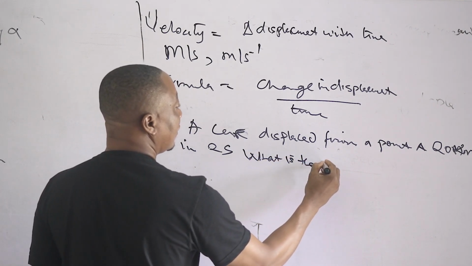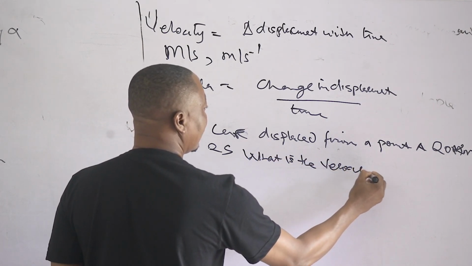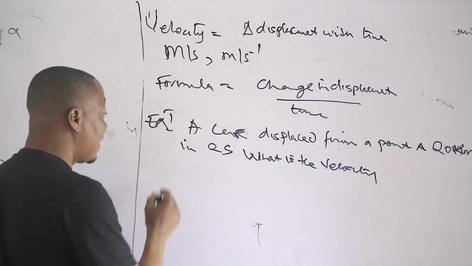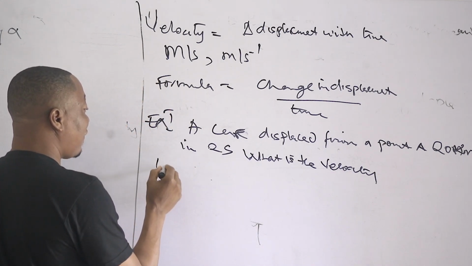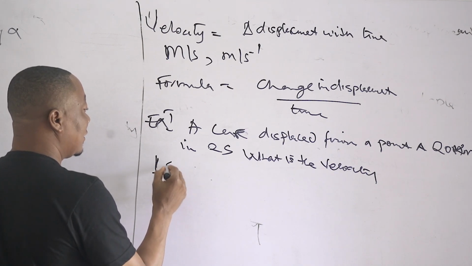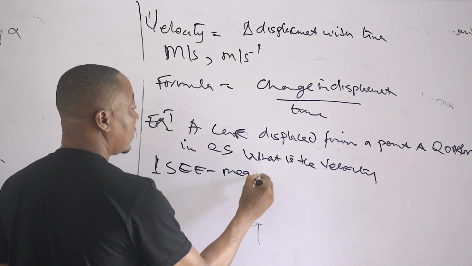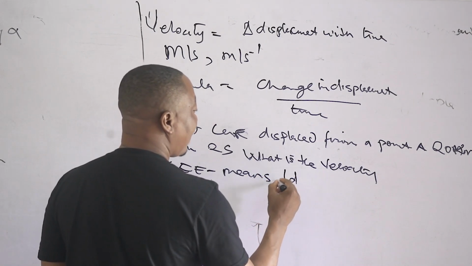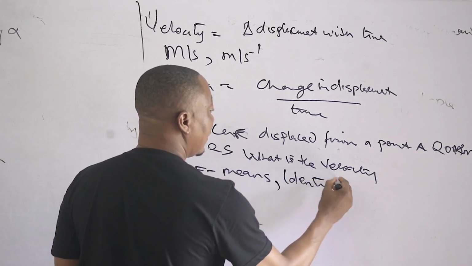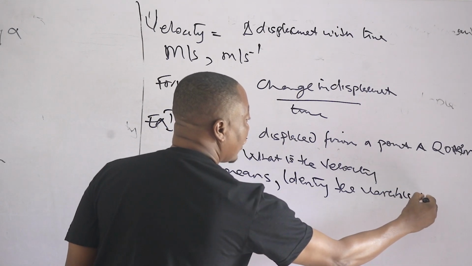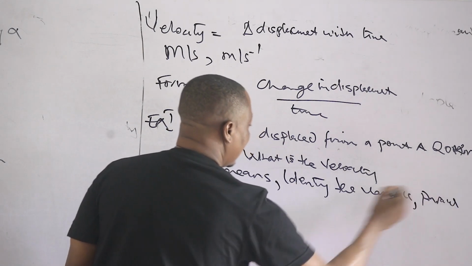First and foremost, step 1, you use an acronym called IC. IC means first you identify the variables or the parameters.